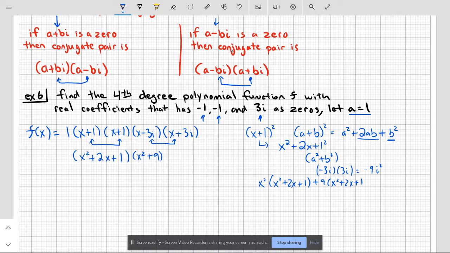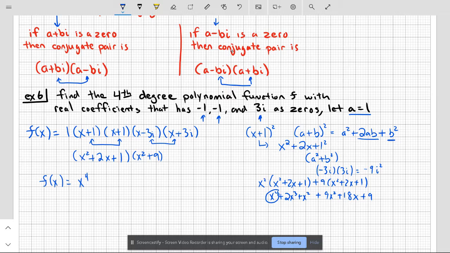Distribute, so we have x to the fourth plus 2x cubed plus x squared plus 9x squared plus 18x plus 9. We combine like terms, so here we're going to get f of x is equal to, and we only have x to the fourth once, so that one's done.